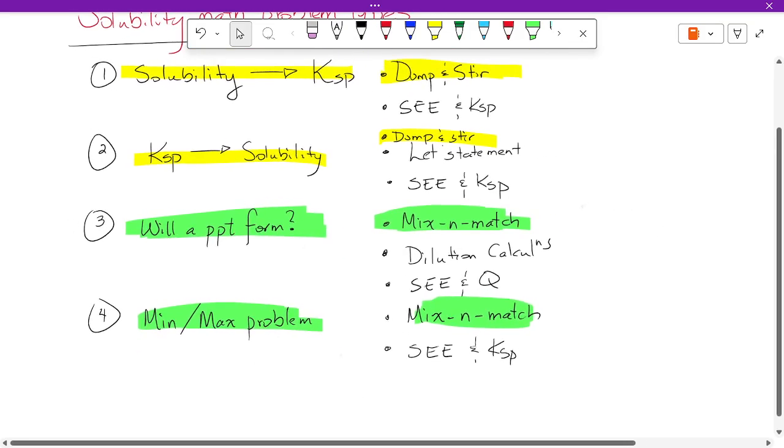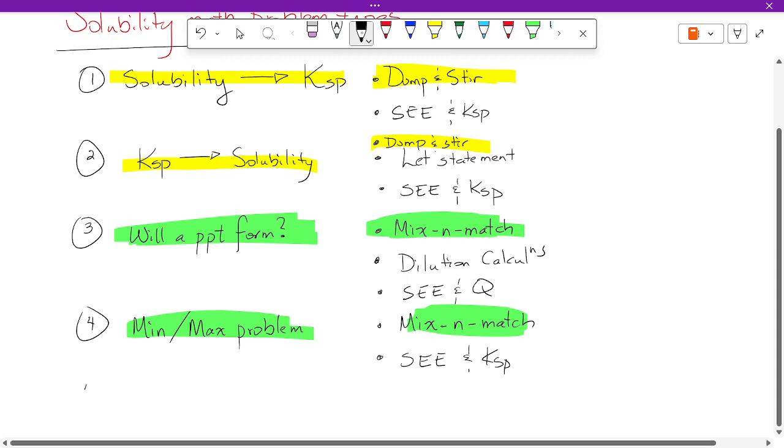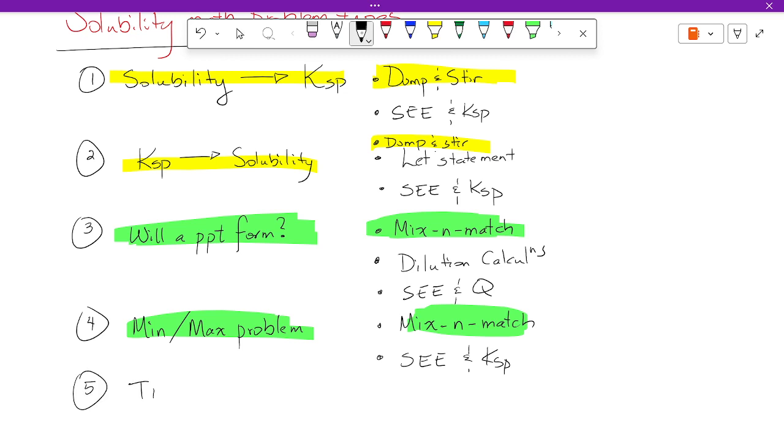And finally, what did we do today? Titrations. You will use the precipitation equation.